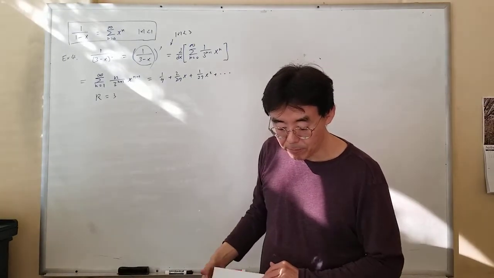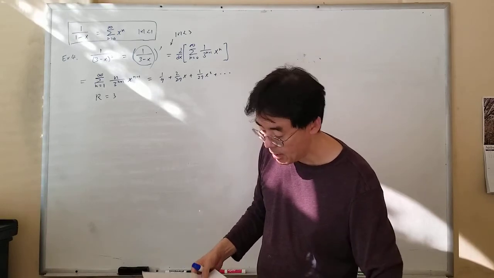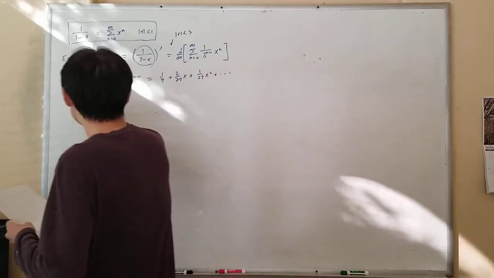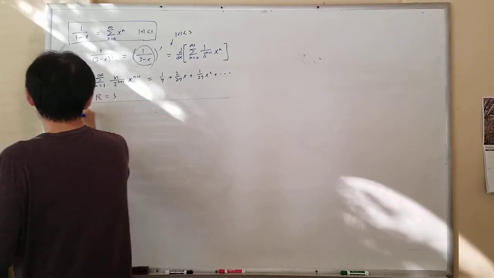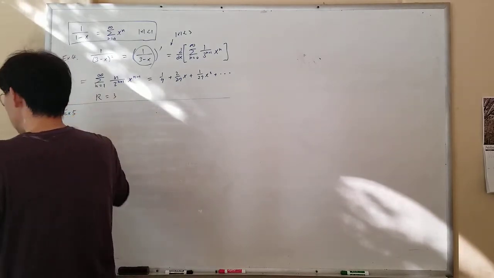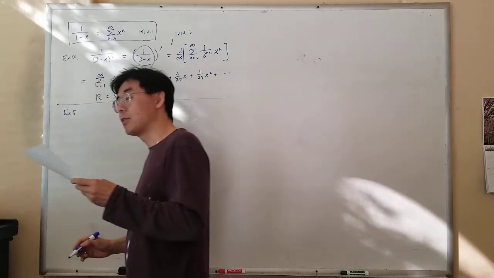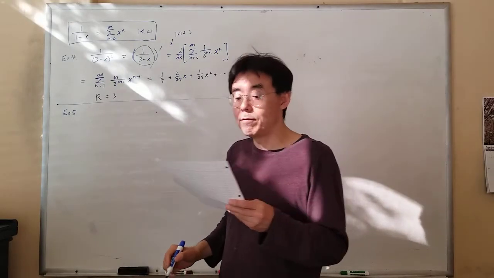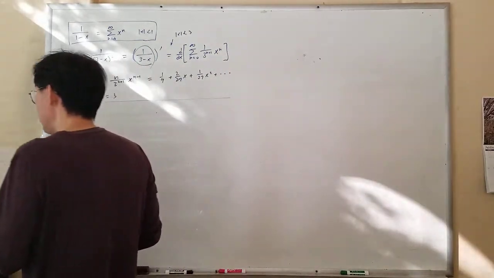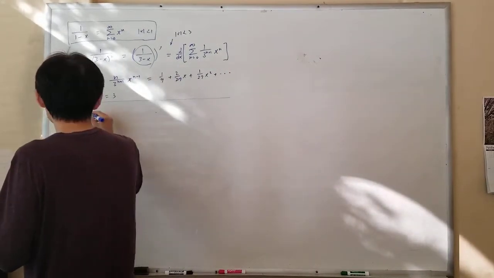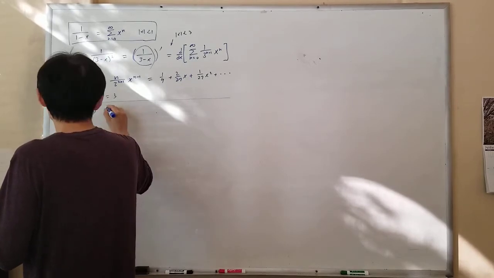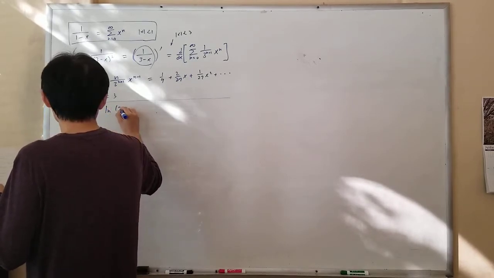Now we can go further. Example 5. Find the power series representation of the following functions and their radii of convergence. A: ln of 3 minus x.